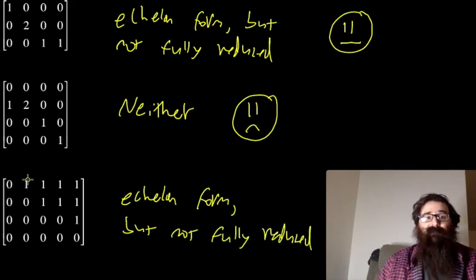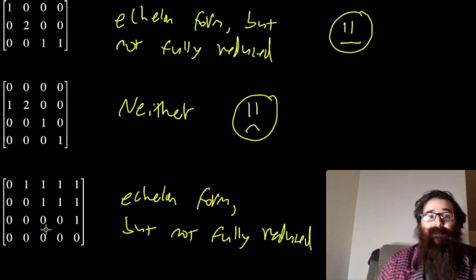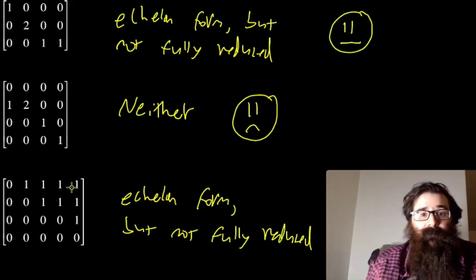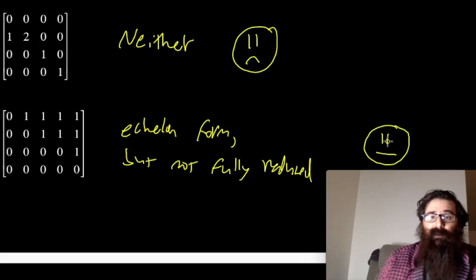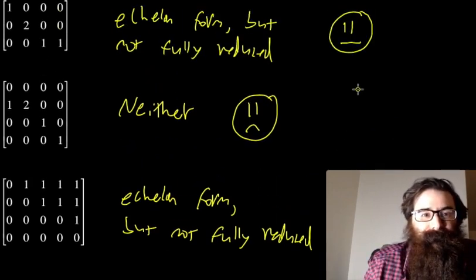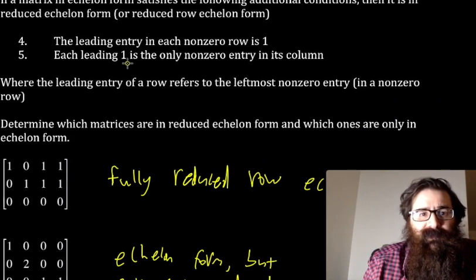And the issue is that even though I have the leading ones, they're not the only non-zero entries in their columns, right? I have some other values above them. So this gets the, I'm not quite sure if I'm happy face, right? So this one actually has the issue with statement number 5.